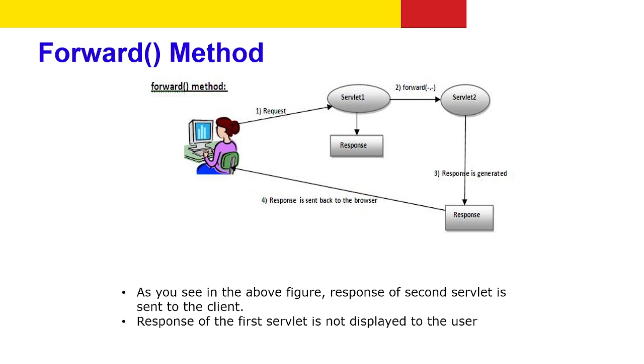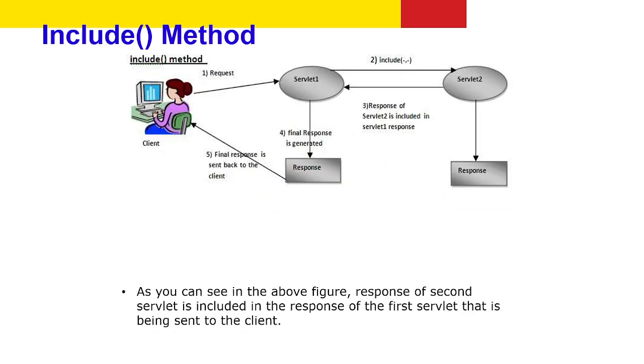The response of the first servlet is not displayed to the user because it is sent to servlet 2, and from there it is sent back to the user. This is how the forward method works.